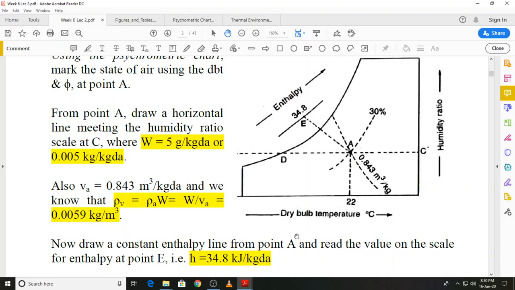Then to find out the vapor density, we can again go back to the equation that we had just used earlier, and instead of finding out the density of air, we can use the specific volume of air from the psychrometric chart.